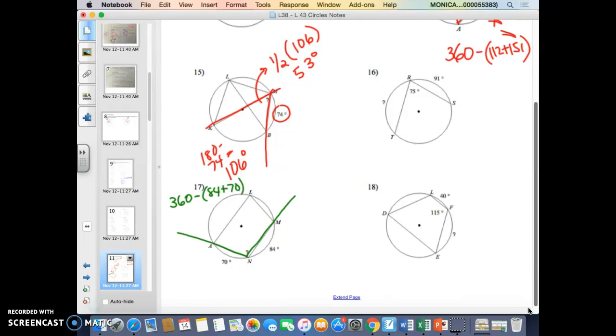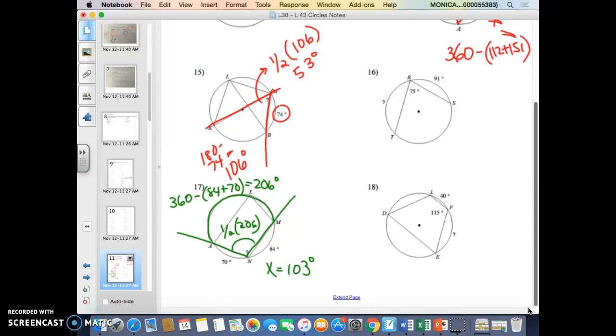And so the arc is 206. This whole arc here is 206 degrees. So if you're looking for the angle here, you're going to take 1/2 of 206. And you should end up with x equaling 103 degrees.